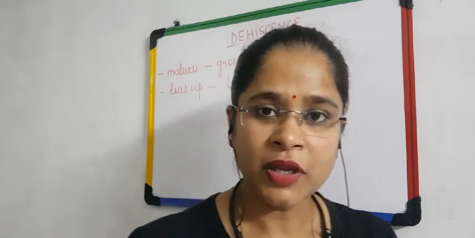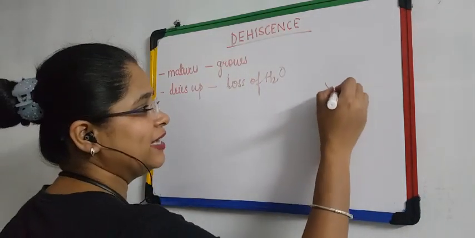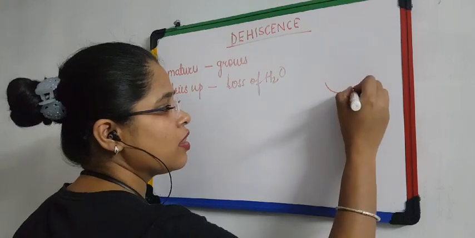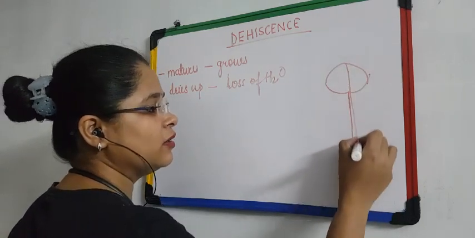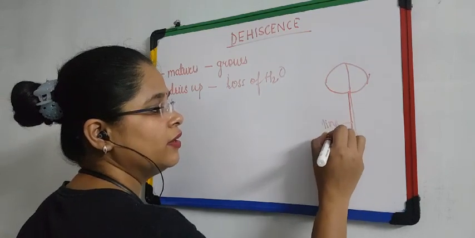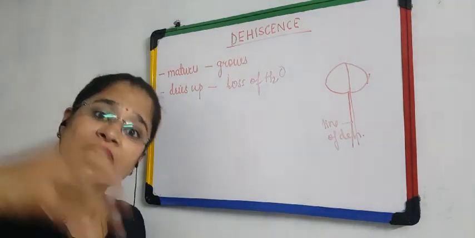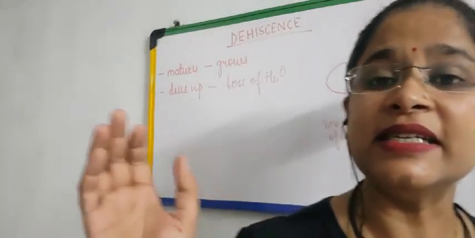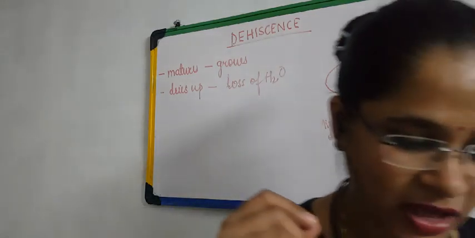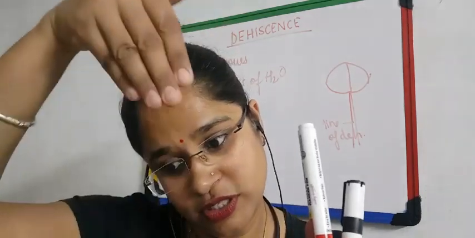Clear with that? And we have seen a line of dehiscence in the middle of the anther. Now this line of dehiscence goes deep inside. This line of dehiscence disintegrates, and it grows deep inside.